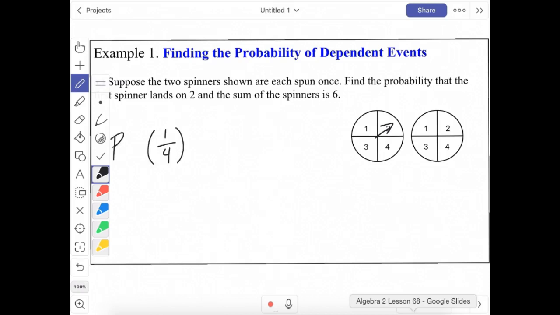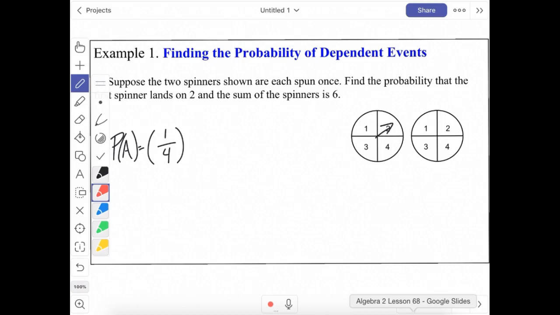So this is the probability of A, getting a 2.